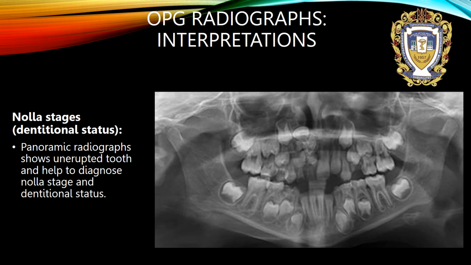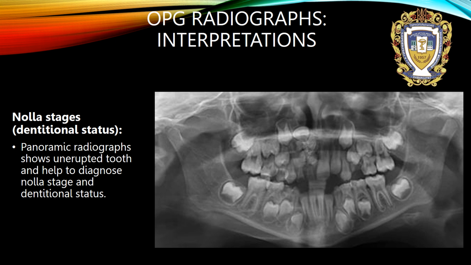For example, when you describe an OPG like this, you need to tell that it is a panoramic X-ray of a child in the stage of variable or changeable dentition, because in the oral cavity erupted permanent teeth and temporary teeth are present, but the observed follicles, germs of permanent teeth are not erupted.